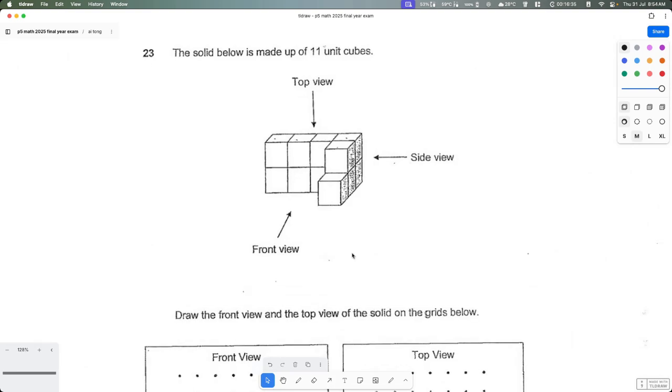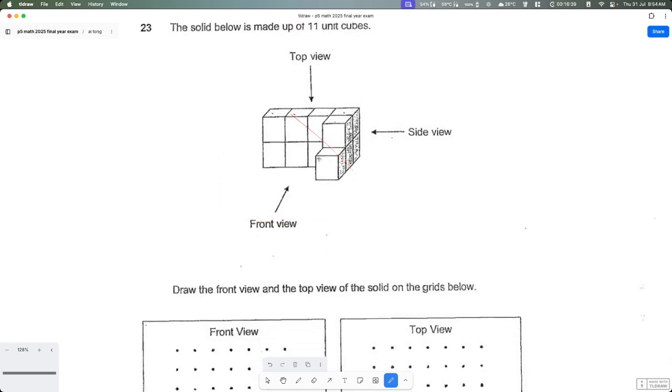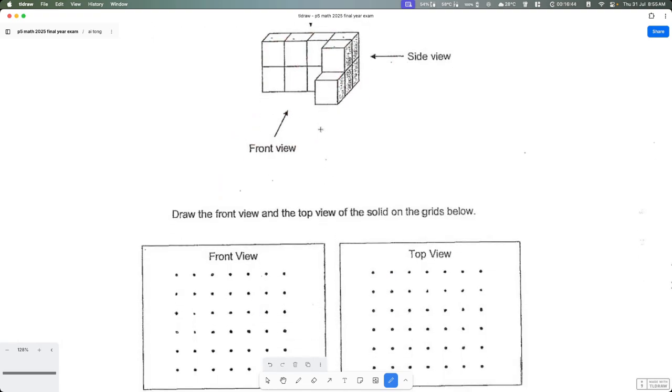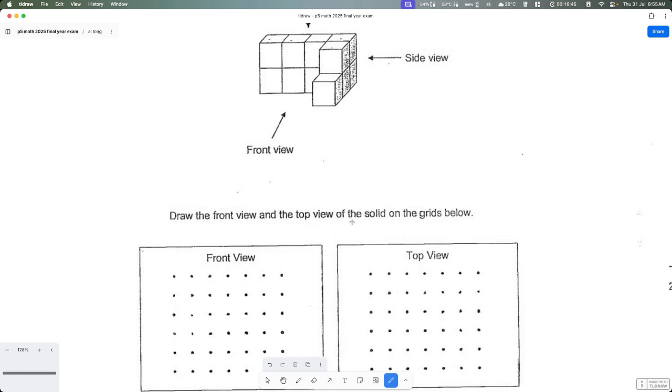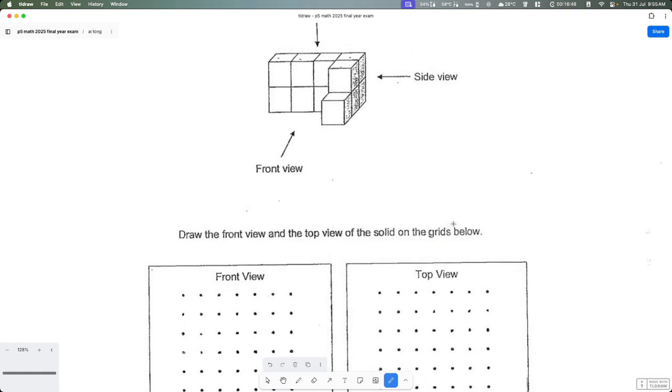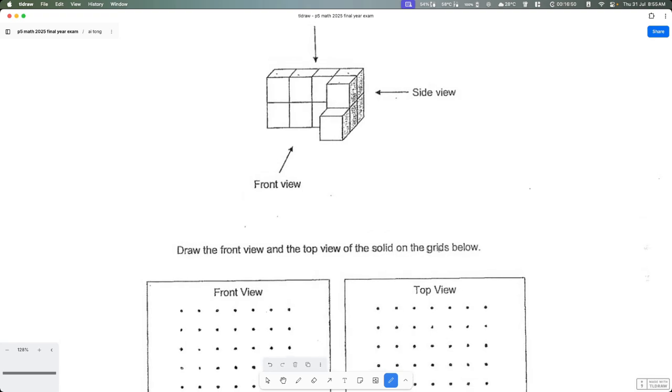So we see over here that the solid is made up of 11 cubes. So essentially it's just 12 minus 1 cube over here. Okay, so draw the front view and the top view of the solid on the grids below.